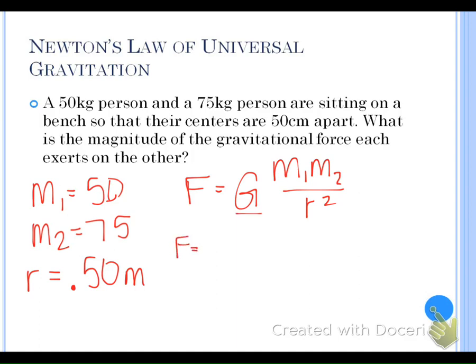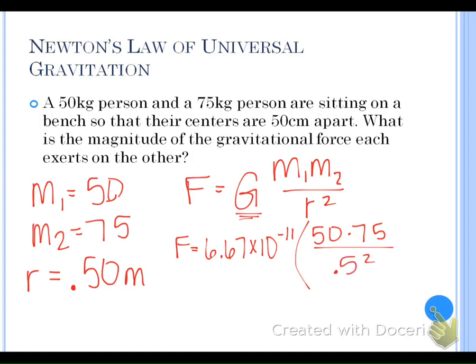Our G is our gravitational constant, which is 6.67 times 10 to the negative 11th. That's a constant that we'll have to know. Then 50 times 75 over 0.5 squared. Plug in, and we should get an answer with what units?